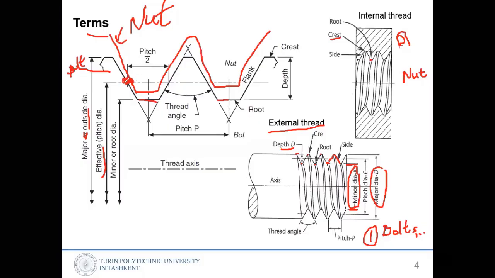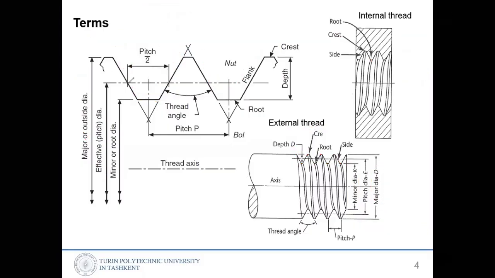So from this point up to this point, we have pitch divided by 2, or half pitch. And if you measure from this distance up to this distance, that is a pitch. So from here up to here, pitch.